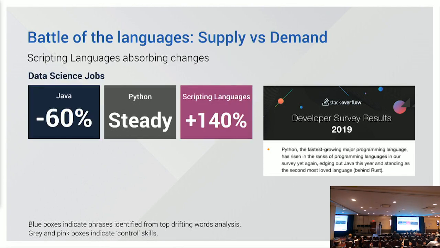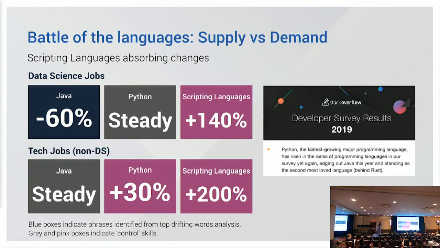When we look at data science jobs, there's been an increase in the number of jobs asking for scripting languages, including Python. What we've seen is a reduction in the number of jobs asking for Java, and not as many for Python. And we see a similar thing for tech jobs that are non-data science roles.